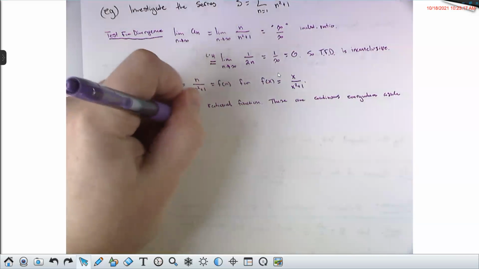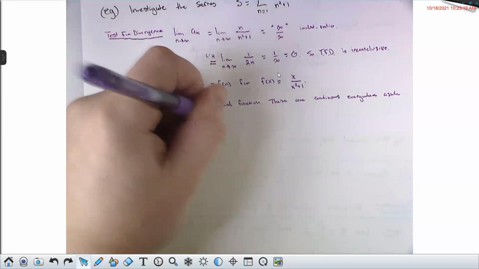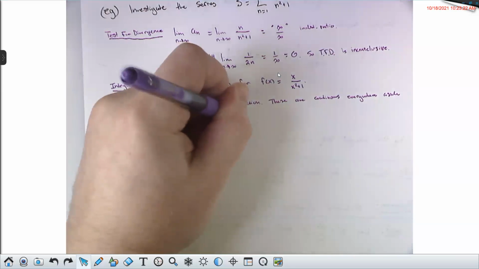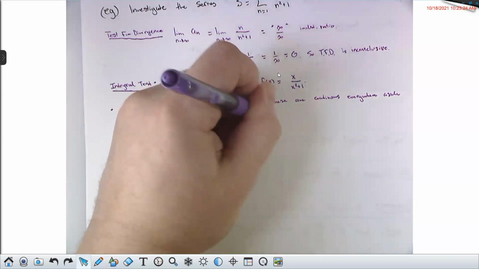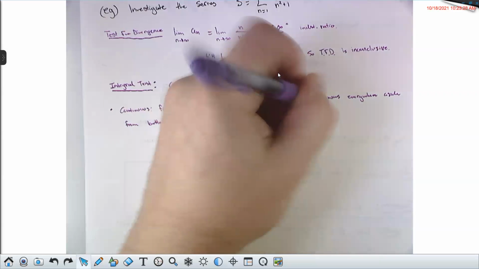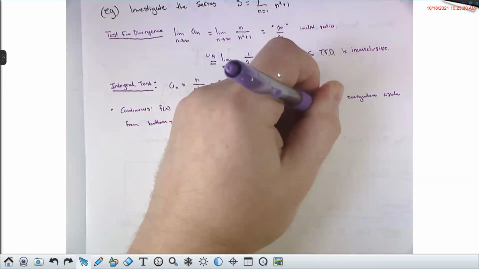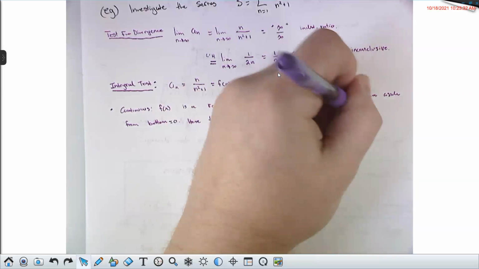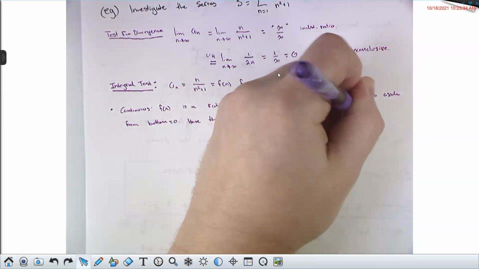Here, the bottom is x squared plus 1, which is never 0, at least not for any real number x.